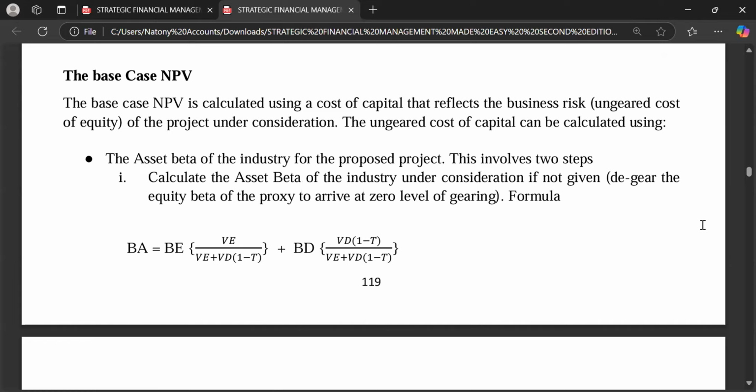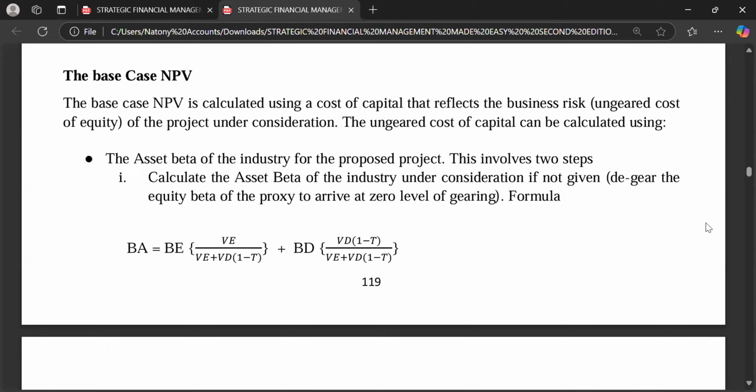So how do you arrive at the cost of equity ungeared? There are two ways of arriving at this, depending on the information you are being given by your examiner.